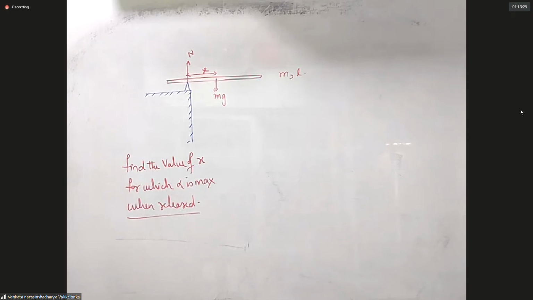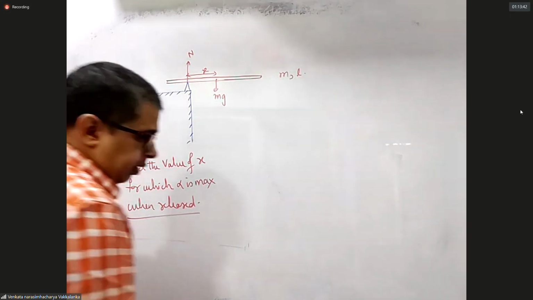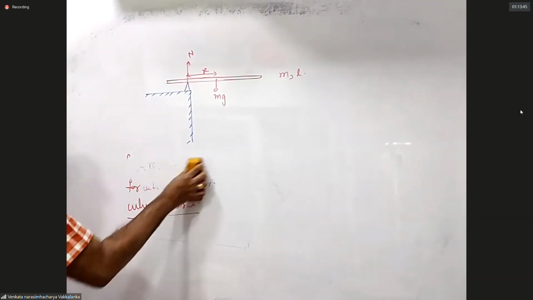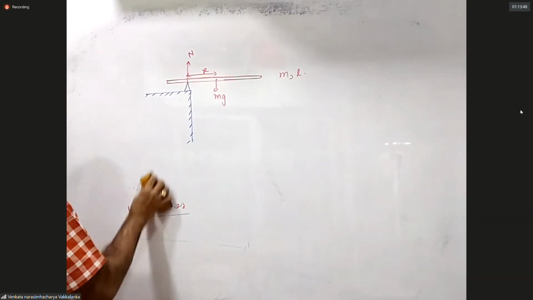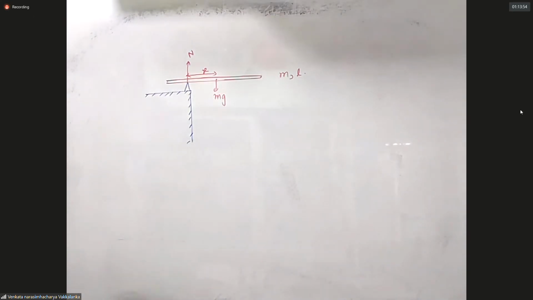So is it L square by 6G? No. So is it 5/3? Further solve.